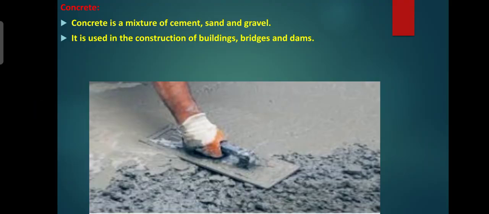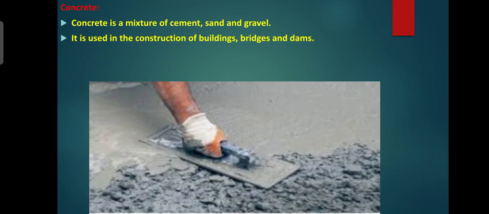Now move on to concrete. The water cement ratio plays an important role and influences various properties such as workability, strength and durability. An adequate water cement ratio is required for the production of workable concrete.